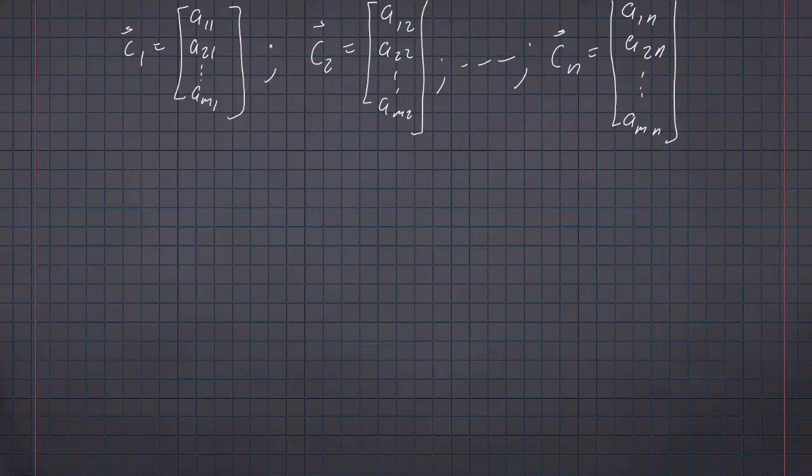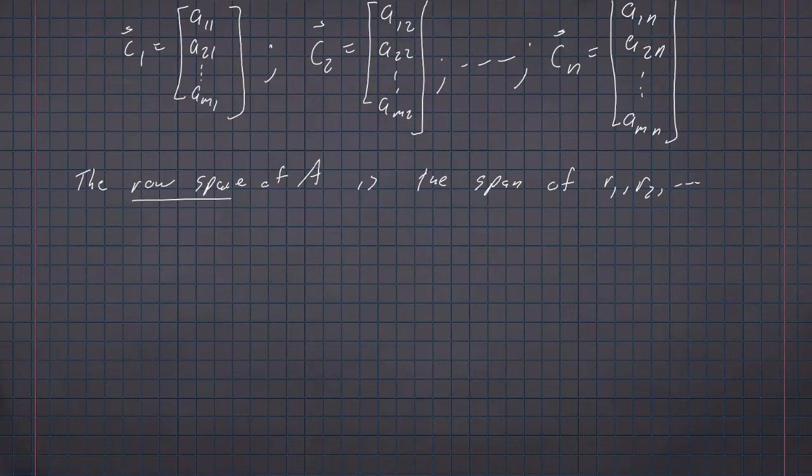With that simple annotation, we can now define the row space as the span of those row vectors.